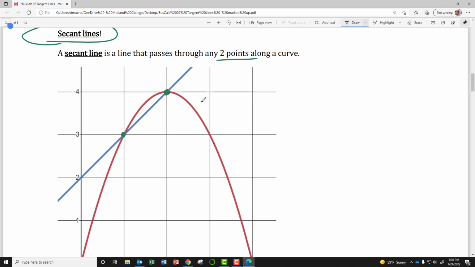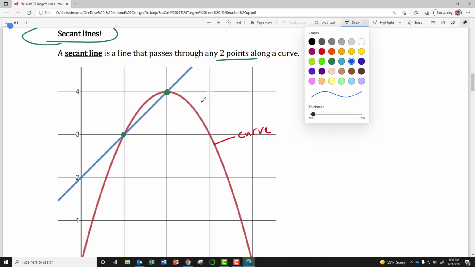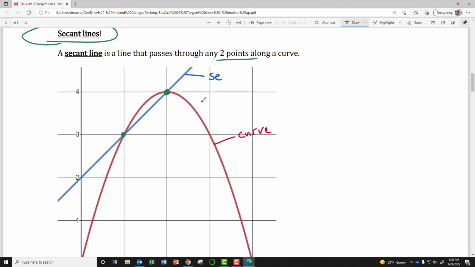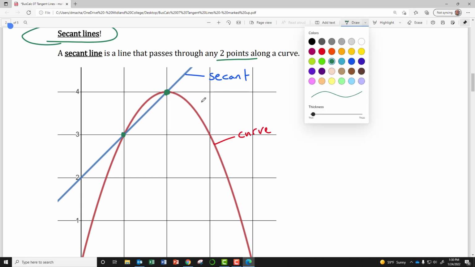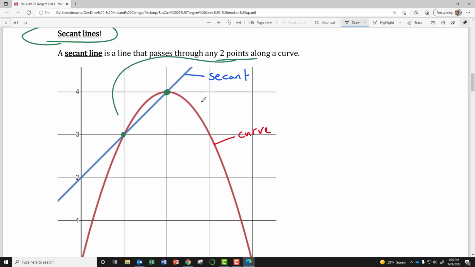So maybe I'll just label these. I know it's obvious already, but in blue, this is what I'm calling my secant line. And it's secant to the curve at these 2 points. So right here, it intersects the curve, and it also intersects again right here.